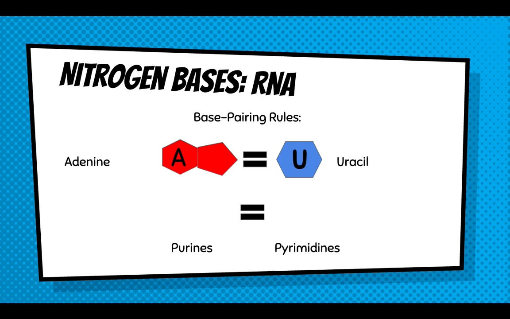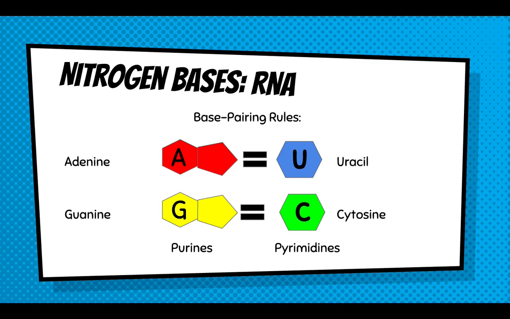So uracil is very similar to thymine, but it's a different chemical component, so it's different entirely. So A with U in RNA, A with T in DNA. The other two are exactly the same. Guanine always pairs with cytosine. So the only difference in the nitrogen bases of RNA is that A pairs with U.